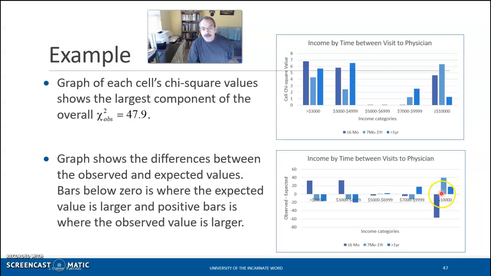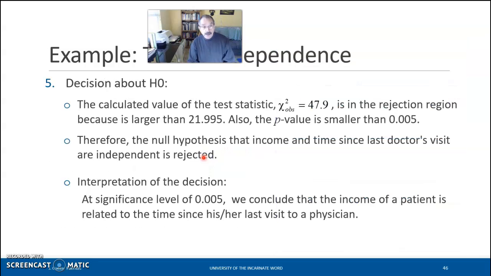So again, I think the bigger discrepancy is right here, and the other ones are right here for the low income. Again, I'm just providing this to help you see how you could further analyze the data in this contingency table. Again, for our purpose, we will stop at this point. I will only ask you to interpret the decision from the hypothesis test.